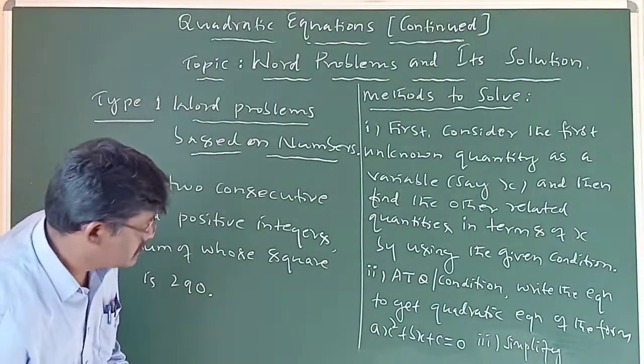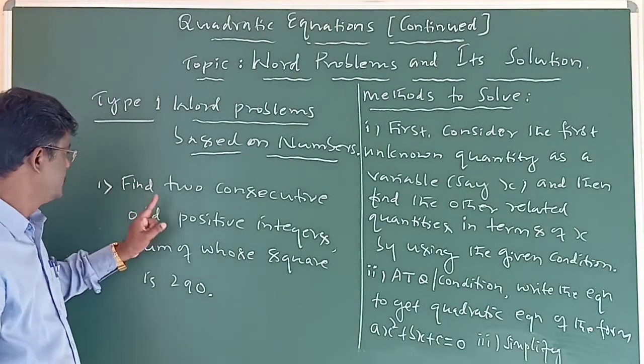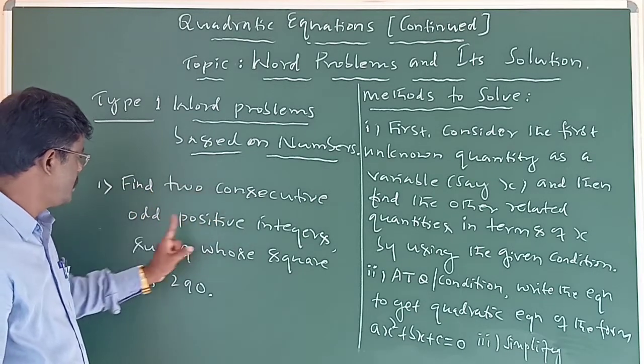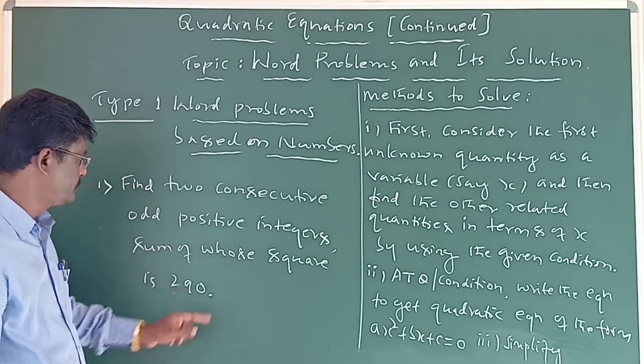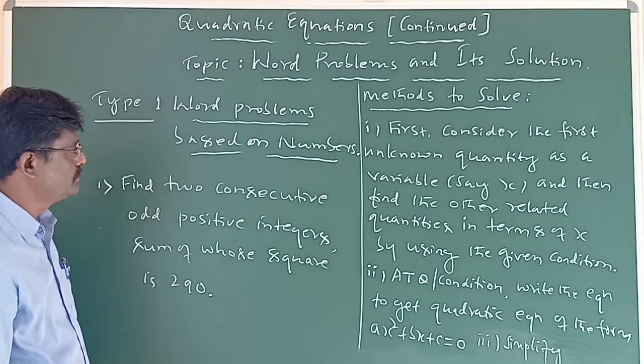Okay children, now we shall take this problem. Find two consecutive odd positive integers, sum of whose squares is 290.